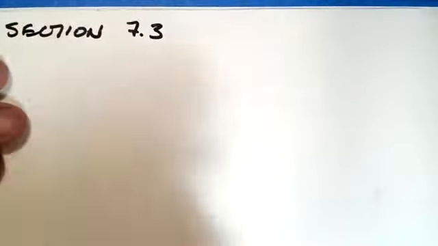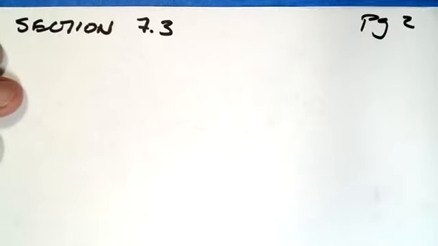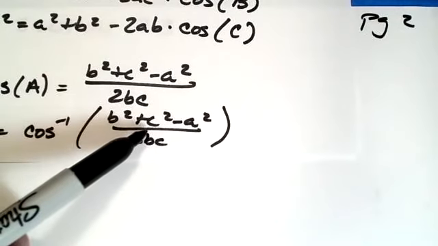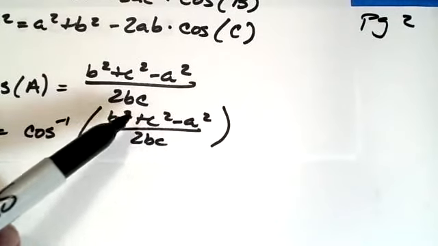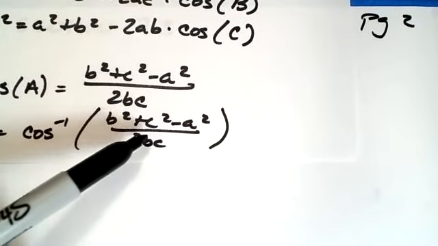Well, it turns out that the range for inverse cosine happens to be 0 to 180 degrees, and that's very convenient because that's all the possible angles that you might get out of a triangle. This ratio in here is potentially positive or negative, but you'll never end up with a situation where it's greater than 1 or less than -1.